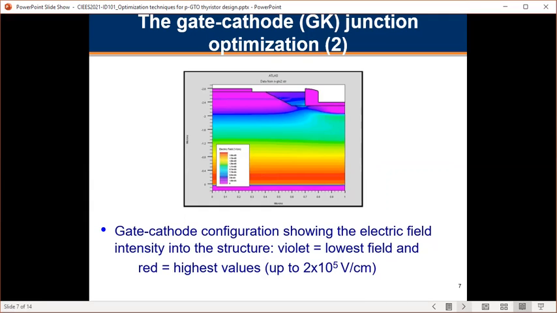We can see in this figure that below the gate terminal, upper right, the field intensity is bigger. So the objective of the optimization was to lower the field in this region by doping and by beveling.